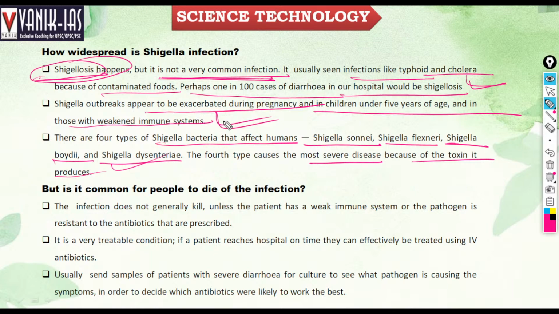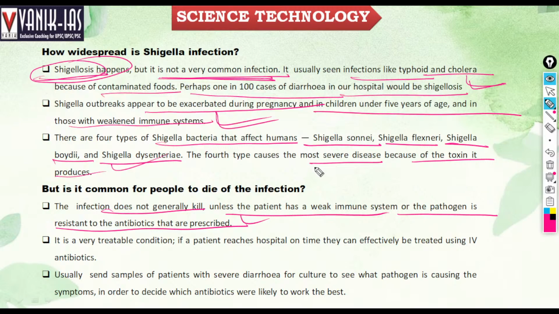But is it common for people to die from the infection? Infection does not generally kill unless the patient has a weak immune system and or the pathogen is resistant to the antibiotics that are prescribed. That means the bacteria inside your body have developed drug resistance. What do you mean by drug resistance developed?